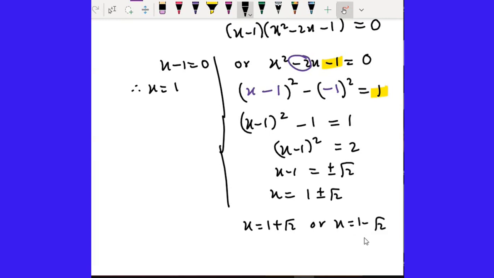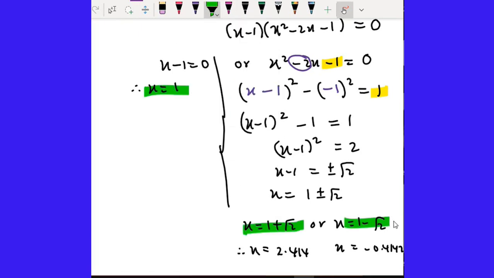Am I right? Check. Or you can give it in decimal. Is it 2.414? Check. And this one negative 0.4142. So you get the 3 values. You need to show 3 values. This one or this one, no problem.